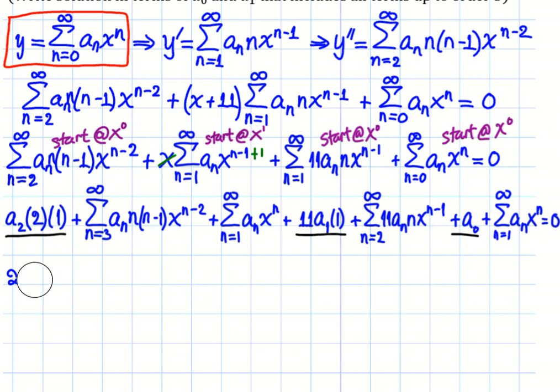Actually, I need to write very compact because we don't have a lot of space here. 2a2, 11a1, and a0. Now, the first summation.